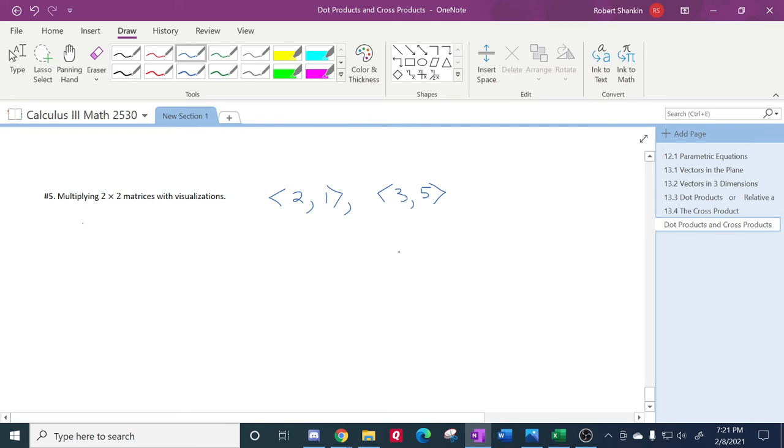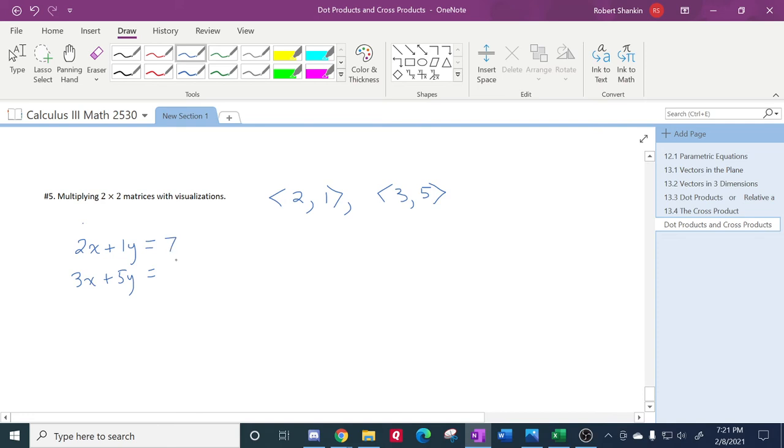Okay, now one typical application of why we use vectors and why we use matrices with vectors is if you had this situation, if these 2 and 1 were the components of a system of equations, 3x plus 5y equals something else over here.